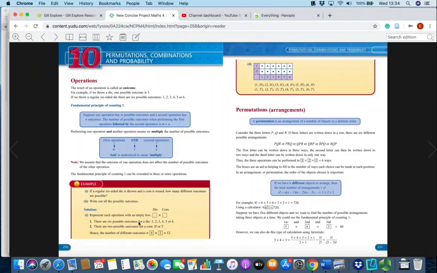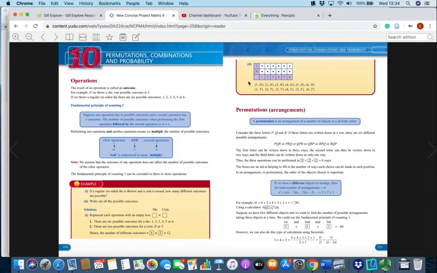There are 6 possible outcomes for the dice, so that's 6. There are 2 possible outcomes for the coin, that is 2, and therefore the total number of outcomes when you throw a 6-sided dice and you toss a coin is 6 by 2, which is 12.